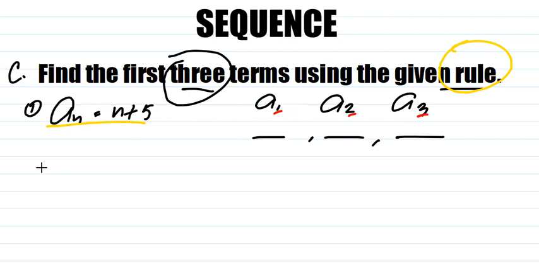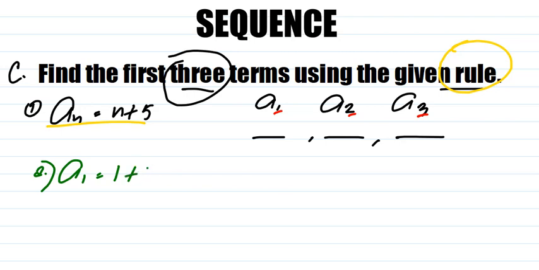First nating hanapin, syempre, is yung value ng A sub 1, kasi yun ang first term. So, yung formula natin na ginagamit, instead na magiging A sub n, ay maging A sub 1. Kasi yung n natin ay magiging 1 dahil hinahanap natin yung first term, so yung n nga natin ay papalitan na natin ng 1 kasi yung hinahanap natin ngayon ay first term.